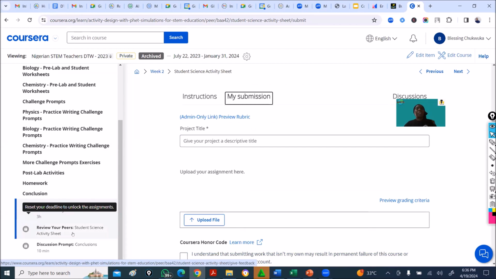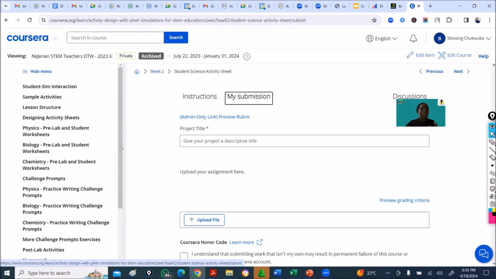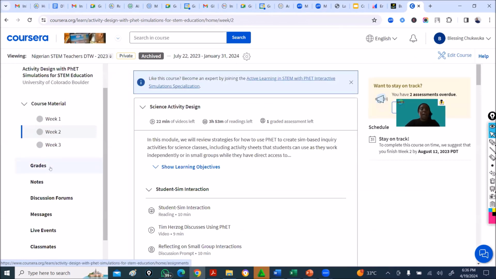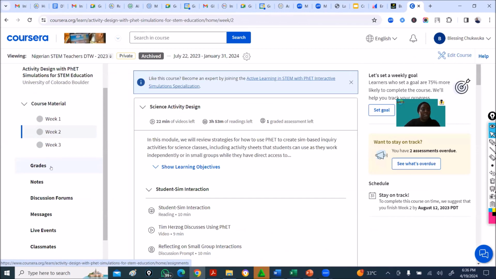You have to review 3 other people's work according to the rubric that is placed. And when you do that, you can always follow from here. You can always check your grades, how far you have completed this particular course.